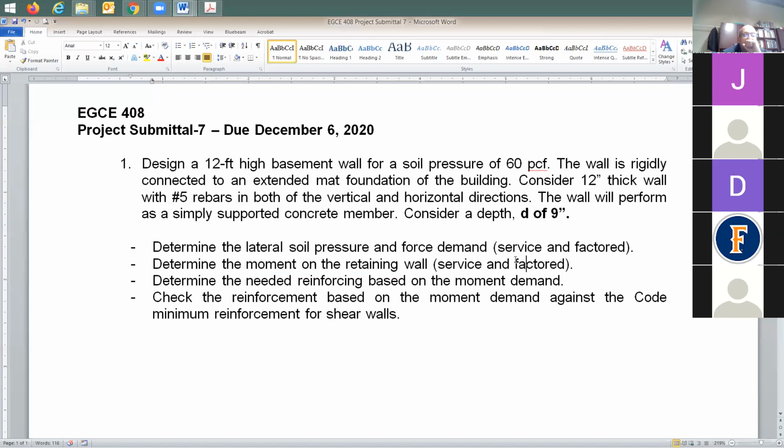You can't use the service. Let me repeat this again. Whenever you do shear design or check, whenever you do moment design or check, it has to be the ultimate or the factored forces and moments. You cannot use the service.